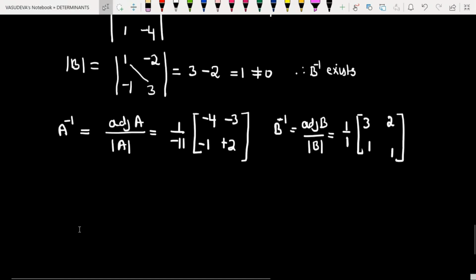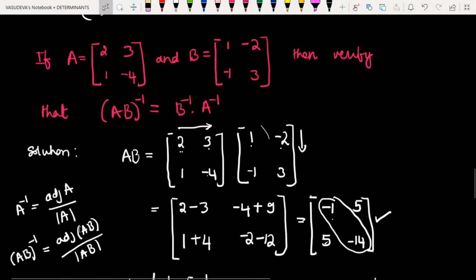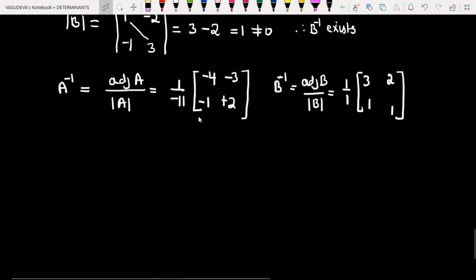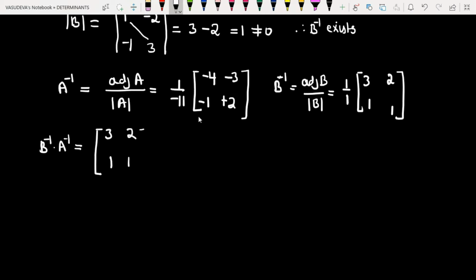Now we have to find out AB inverse. So what we need to find out? B inverse into A inverse. So let's take B inverse into A inverse. Taking B inverse, that is 3 2 1 1.